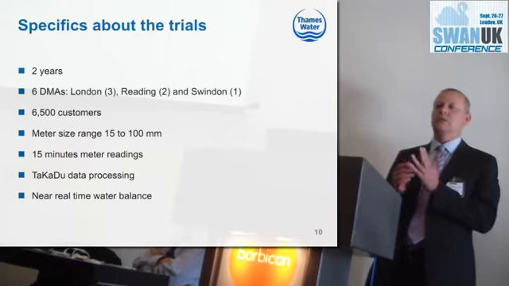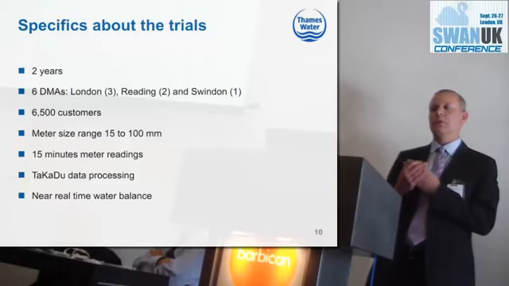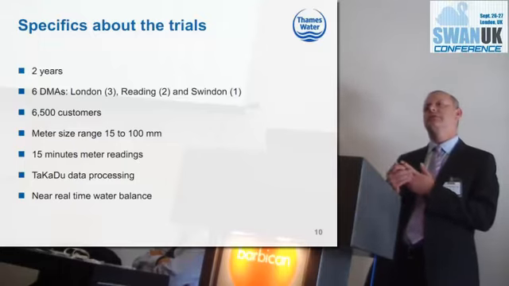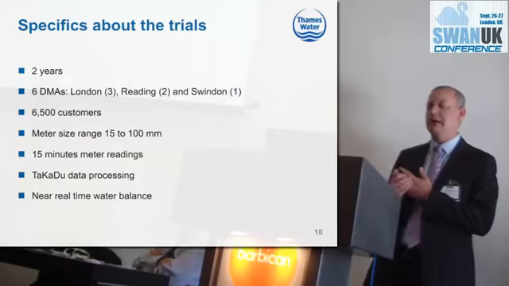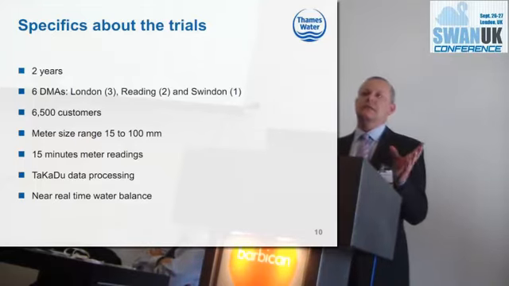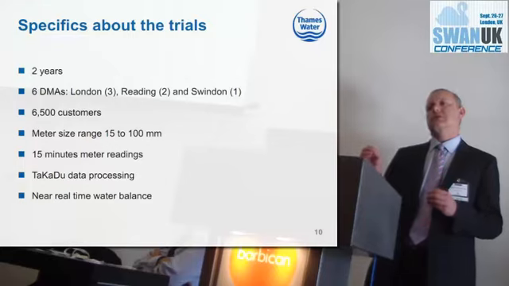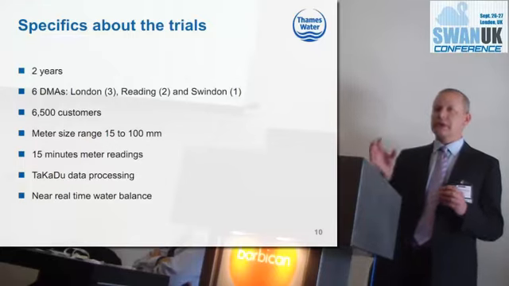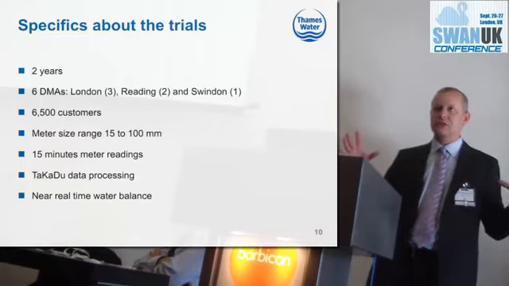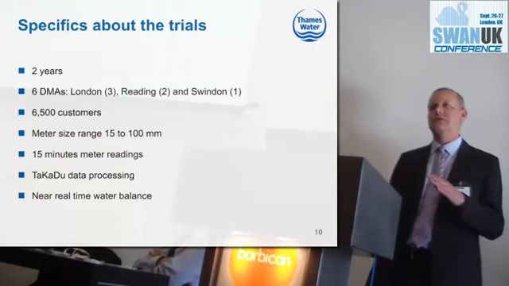In 2 in London and 1 in Swindon we will use the conventional AMI. In 1 in London and 2 in Reading we will use the advanced AMI. Over the 6 DMAs, it's covering 6,500 customers, but as I mentioned before, we are not metering specifically customers, we are interested in the connections because we want to have a tight network, a tight DMA, where we know where the water is going.